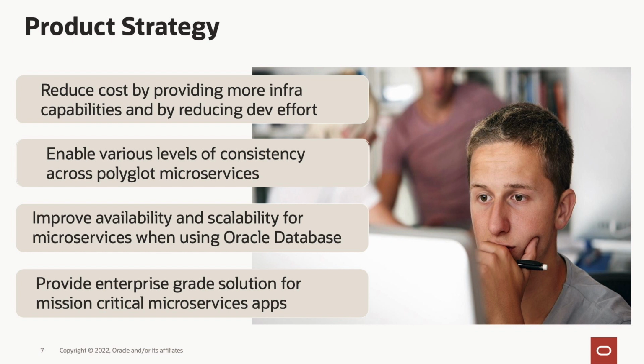As you would see, there are different transaction models that we want to adopt. And this is going to be an enterprise product. So we are going to focus on availability and scalability for the microservices, as well as we will try to optimize this product as much as we can for Oracle database, given that we are part of the Oracle database organization.